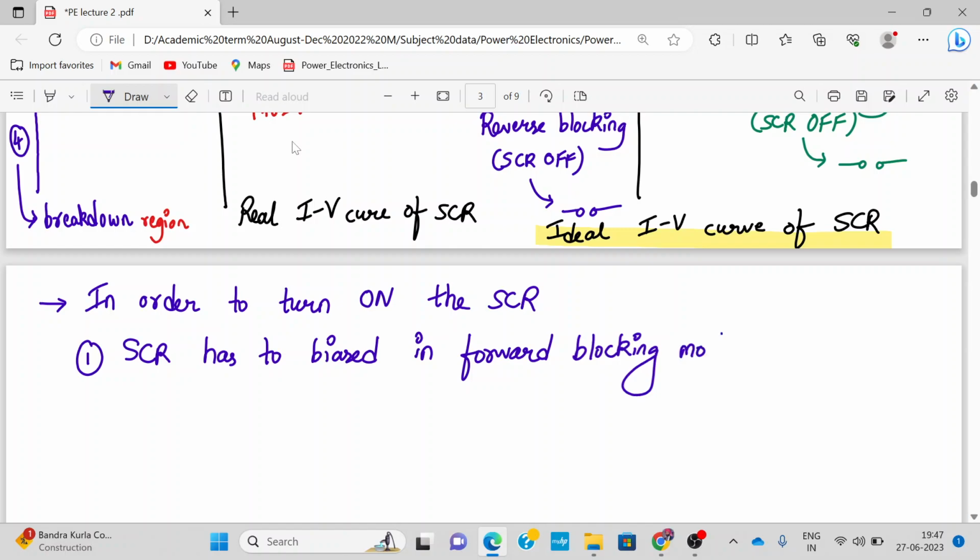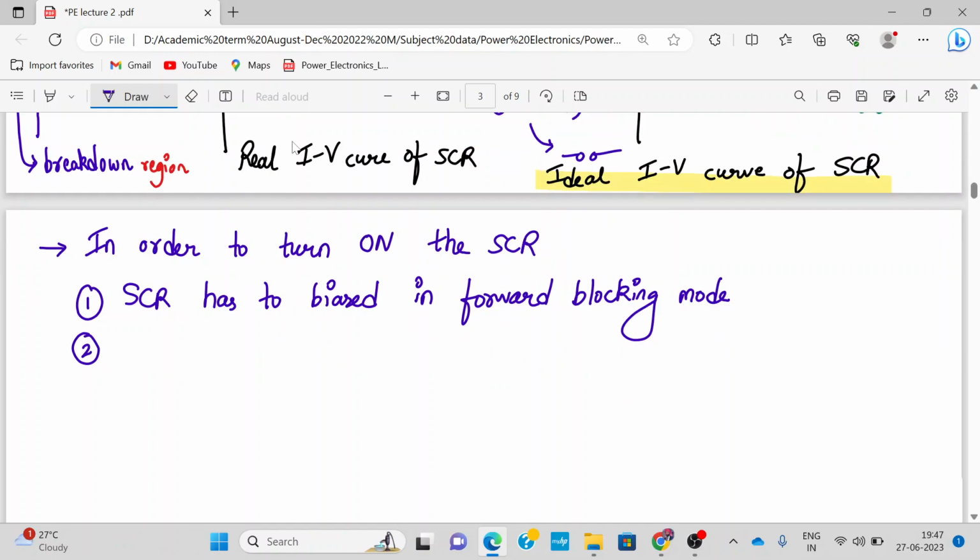So first of all, we have to apply a positive VAK voltage, VAK positive. Alright. Second condition is your gate trigger signal or pulse must be applied.